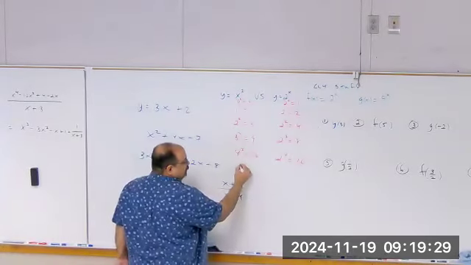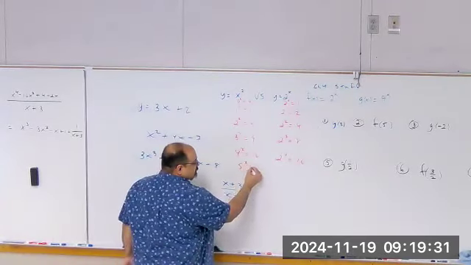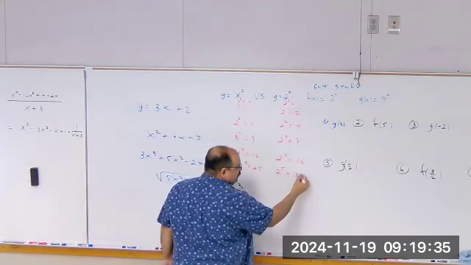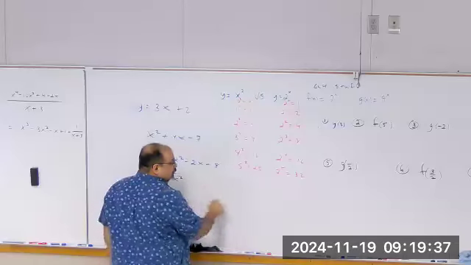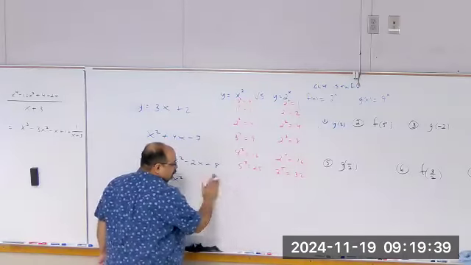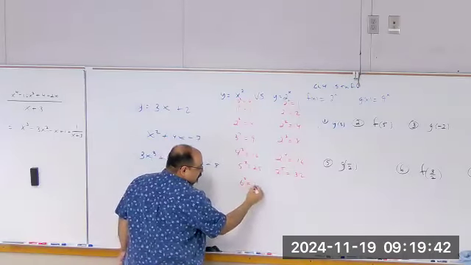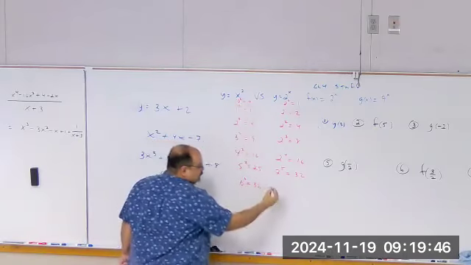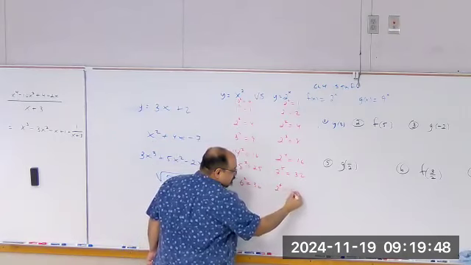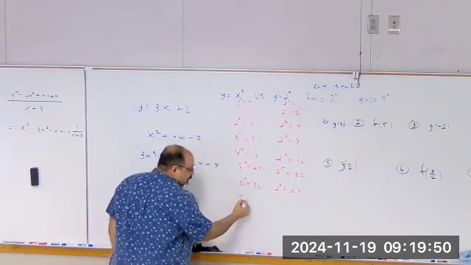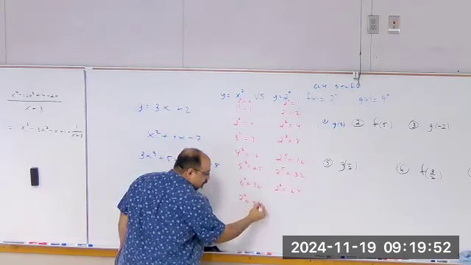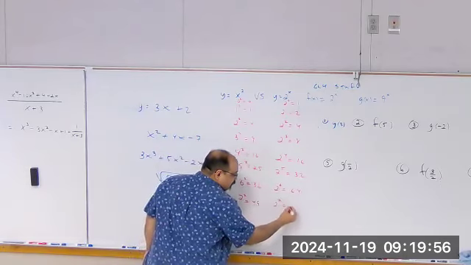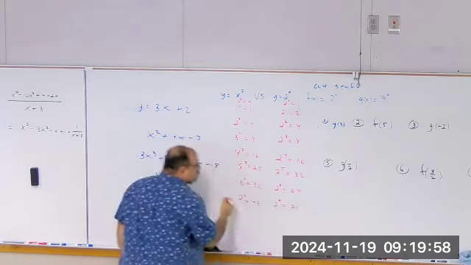Then we plug in 5. 5 squared is 25. 2 to the fifth is 32. 2 to the x is winning again. 6 squared is 36. Plugging in 6 for the x. 2 to the sixth is 64. 7 to the second is 49. 2 to the seventh is 128.